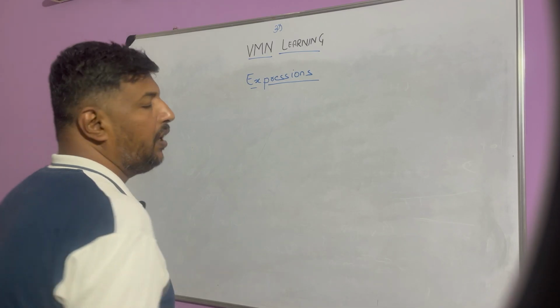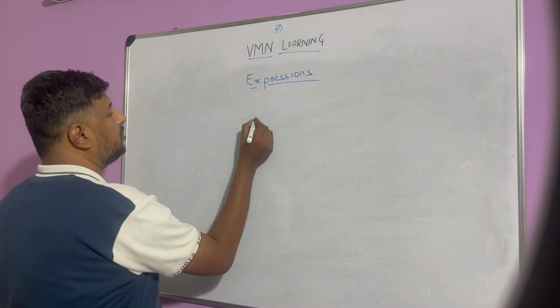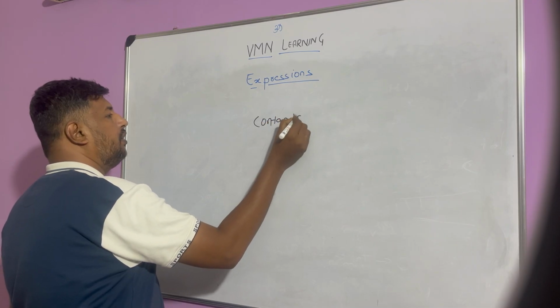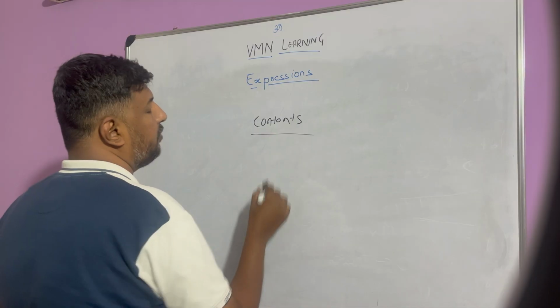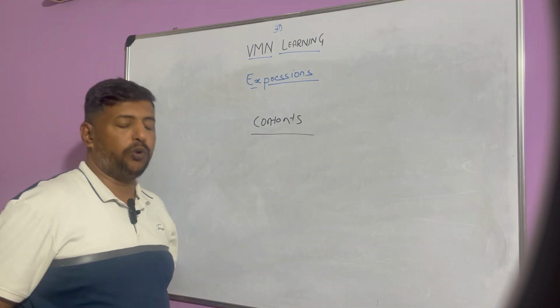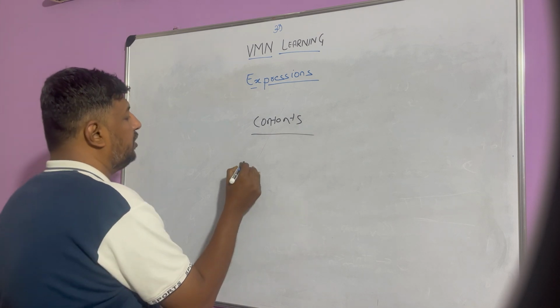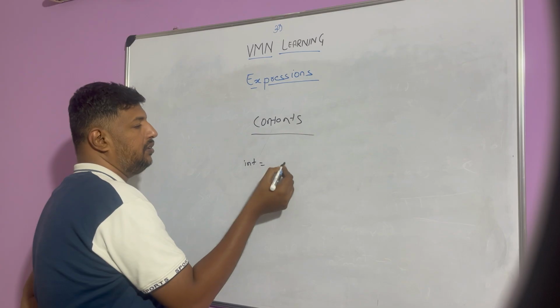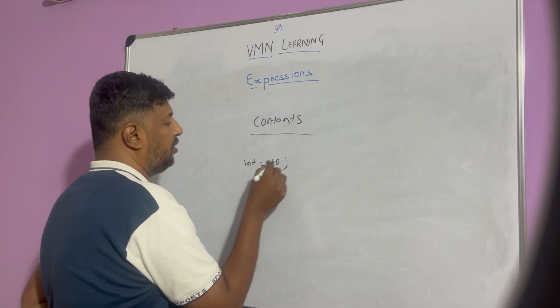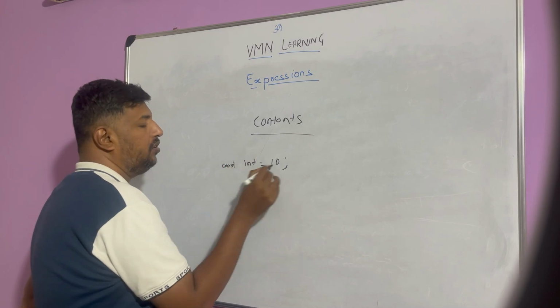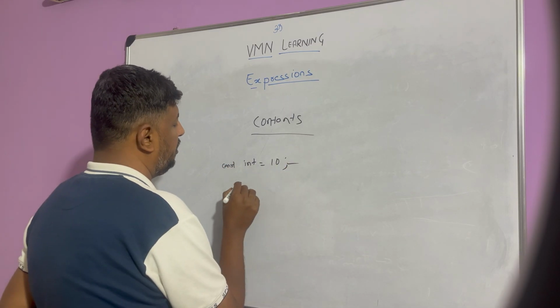Okay, next we are going to study about constants. As already shown, constants are the values which don't get changed in the program. There are many types of constants. Integer constants: const int x = 10, so this value will not change.